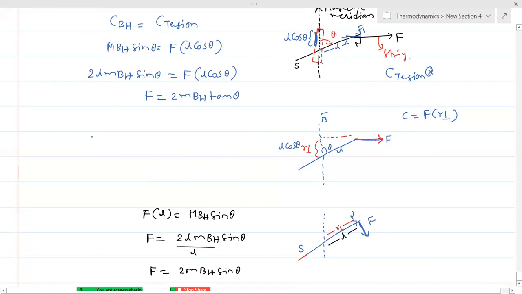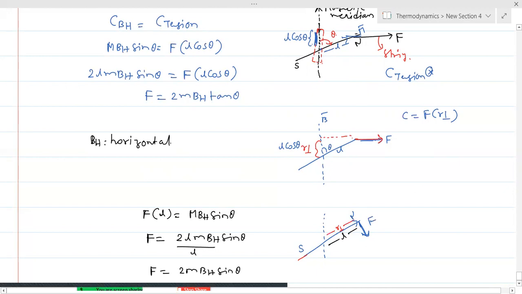So here BH is the horizontal component of earth's magnetic field. That value they will provide.